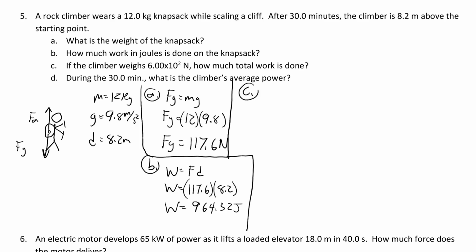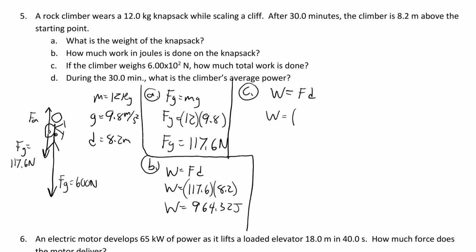C is a little tricky. It says if the climber weighs 600 newtons. So now you have the weight of the climber is 600 newtons plus the weight of the backpack, 117.6 newtons. All right, how much total work is done? Well, the work is equal to the total force times the distance.